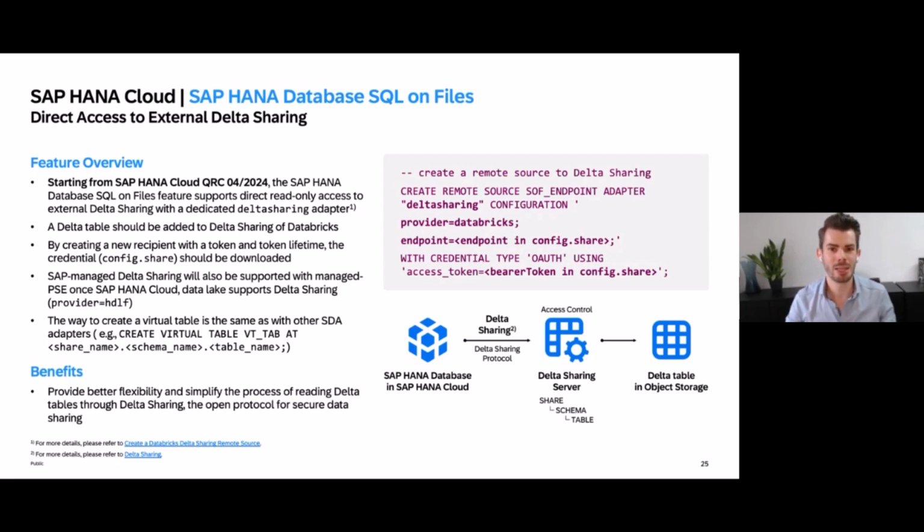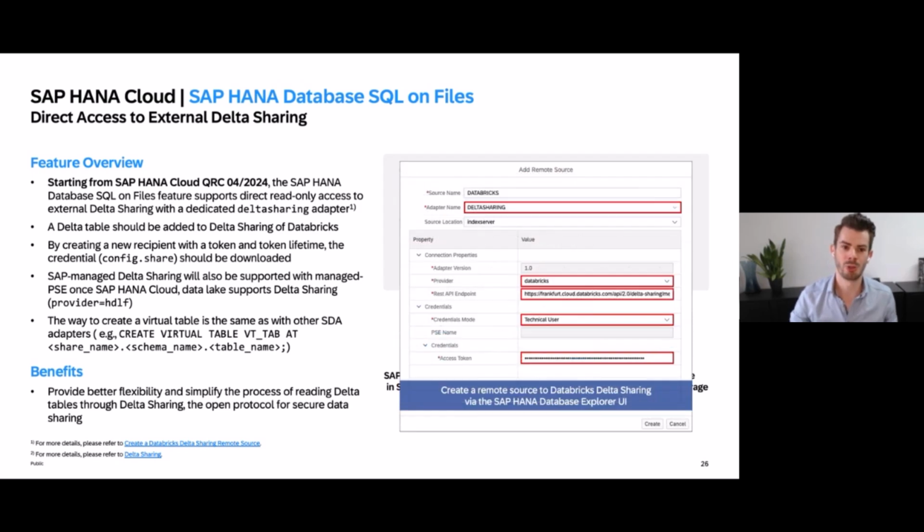And with the dedicated adapter that we now have in HANA Cloud to connect to data sharing for SQL on files as well, you can make use of these data shares also via SQL on files in HANA Cloud directly. Again, on the right-hand side, you see the configuration via SQL, and for sure also there is tooling support in the database Explorer as well for SAP HANA Cloud.